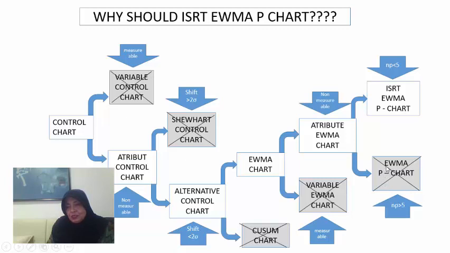The exponentially weighted moving average P chart works well when the process variate is normally distributed, characterized by NP more than 5.